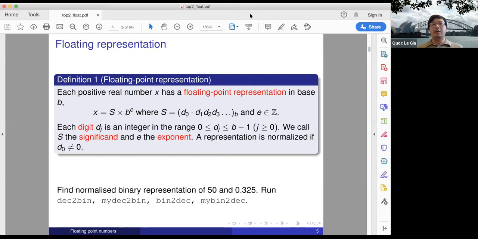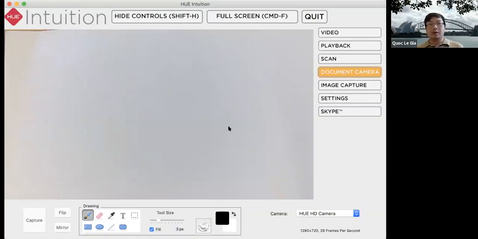Okay, so let me start writing on a piece of paper. I have a video camera, so let me share my camera. Can you see?